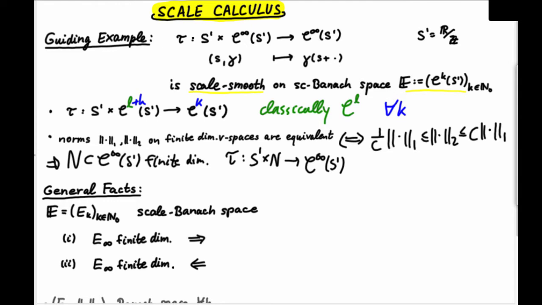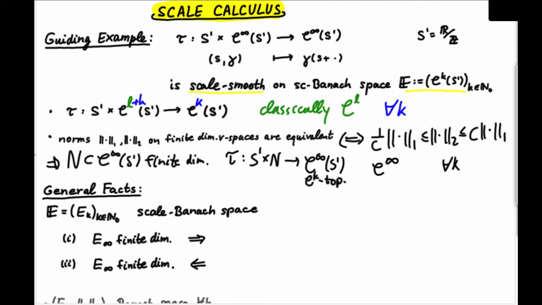And I can now give this my favorite topology, for example, the C^k topology. And then I can use exactly this fact here to say that this is C infinity classically. And that doesn't depend on which topology I put on the smooth functions.